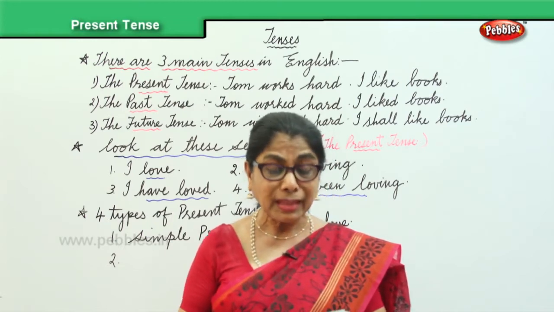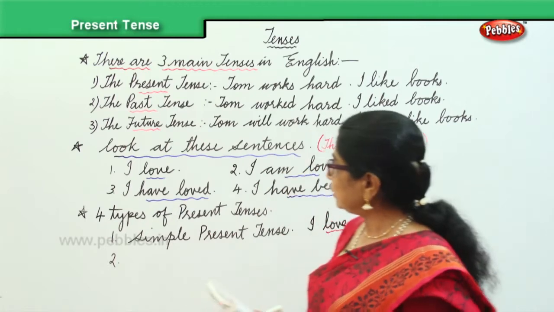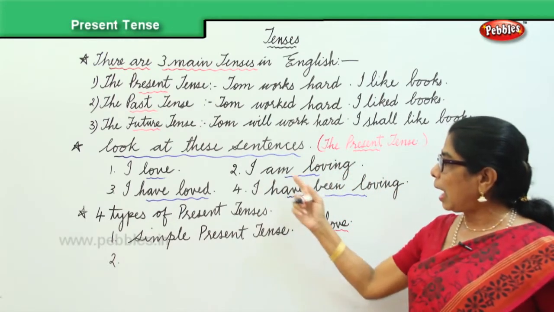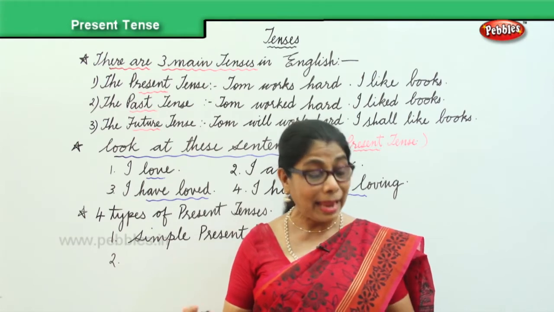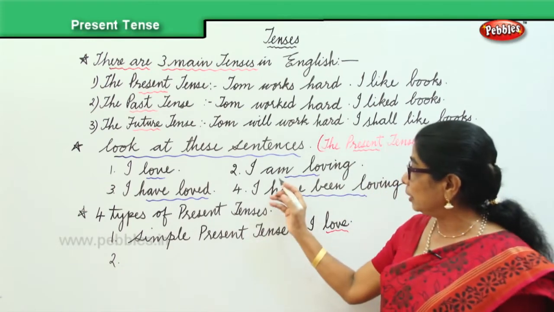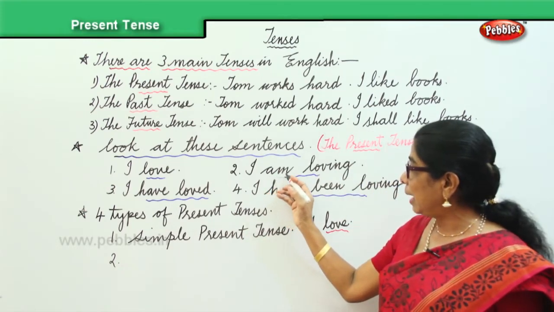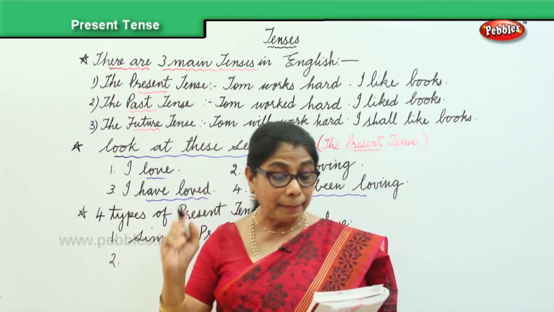Now let's look at sentence 2. In sentence 2 you have, I am loving. We are talking about the verb am loving. Now what's happening to the verb am loving?